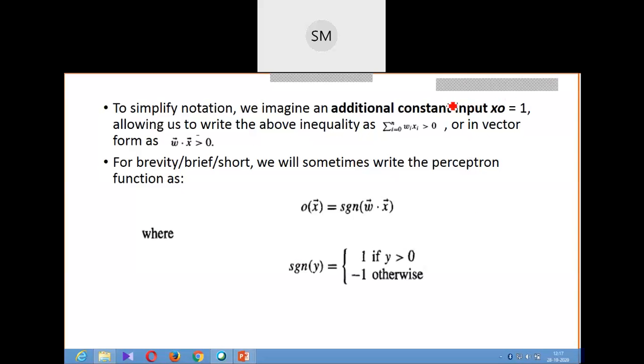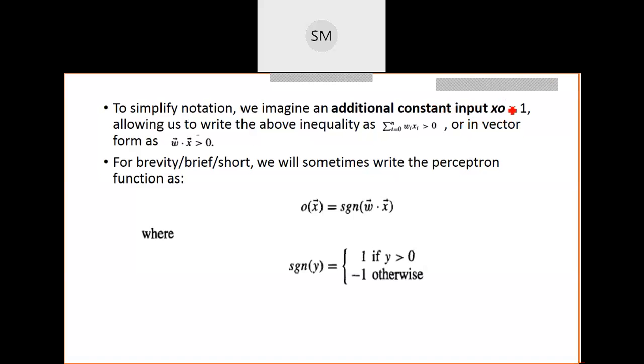For the additional constant input x0, which we have not considered here, we have to reform our formula in this way.